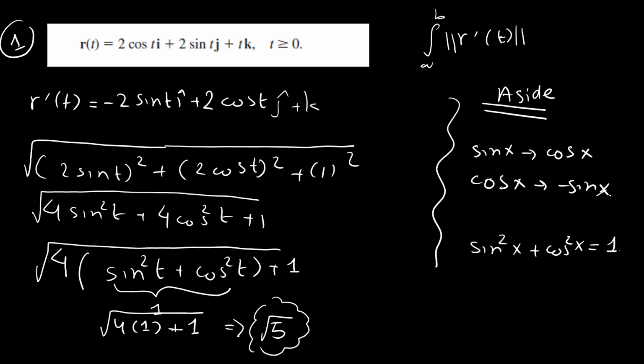Here it says t is greater than or equal to 0, so our interval is from 0 to 2. Then the square root of 5. So this is what we are looking for. Now let's do this on another page since I don't have any space.